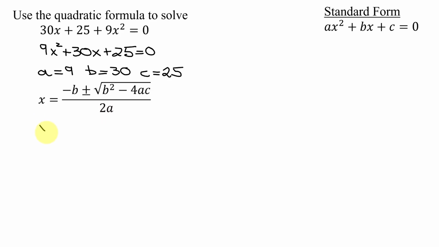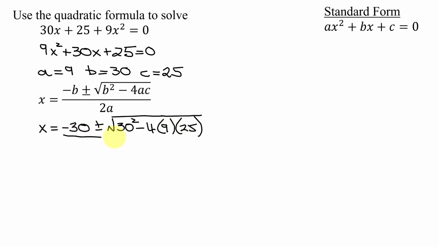So plugging in our values, I get x equals, b is 30, so negative b is negative 30, plus or minus the square root of b squared, so that's 30² minus 4 times a, which is 9, times c, which is 25. And that is all underneath the square root sign, all divided by 2 times a, which was 9.